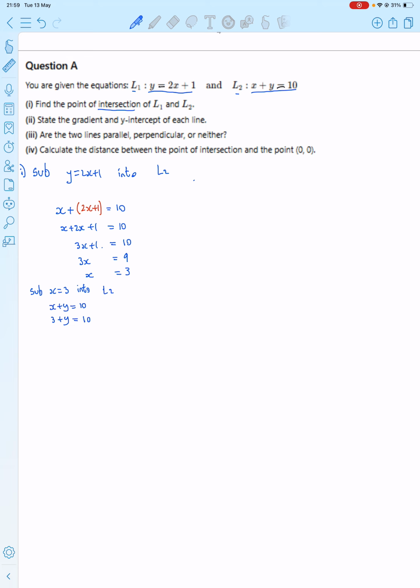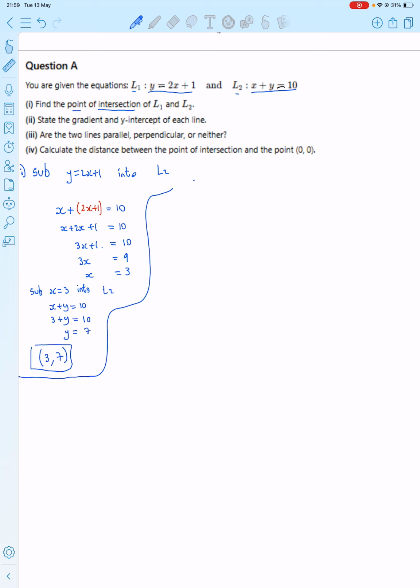Okay? And then, from that point onwards, I'm going to subtract 3 from both sides, getting y equals 7. We're not done. Now that we've got x equals 3, y equals 7, the point of intersection, we need a coordinate. So our coordinate is going to be x, which is 3, and y, which is 7. So 3, 7 is our coordinate. That is the answer for part 1.